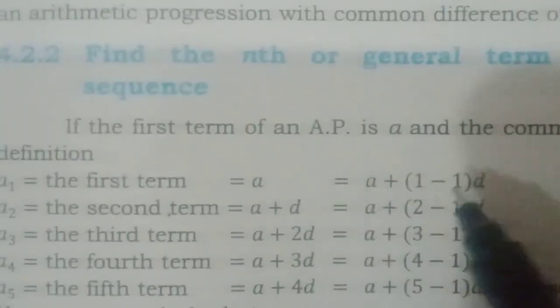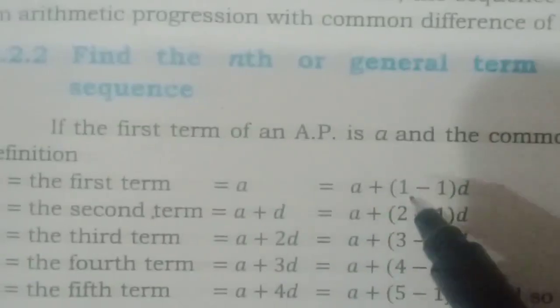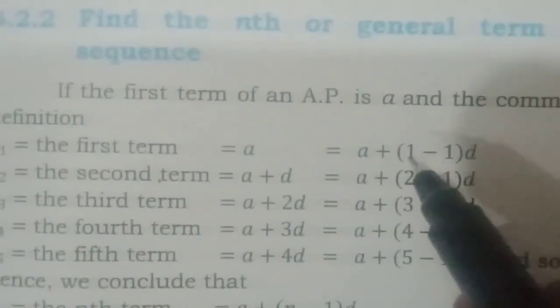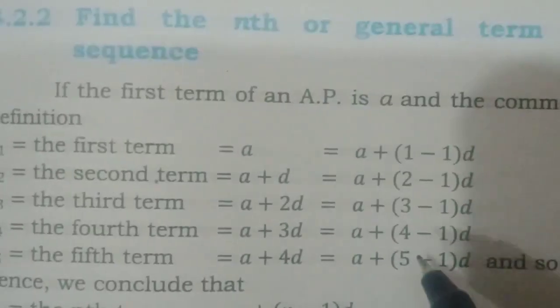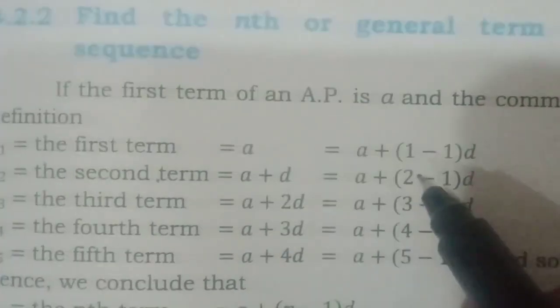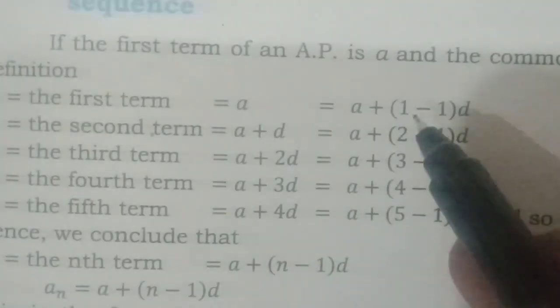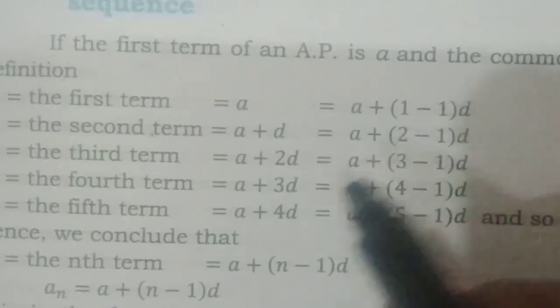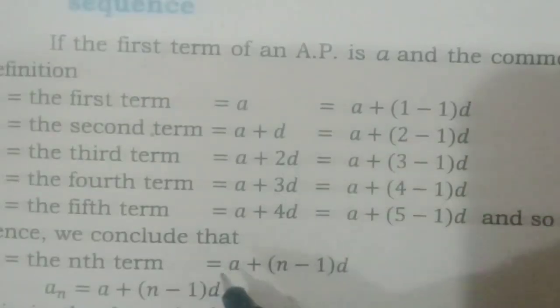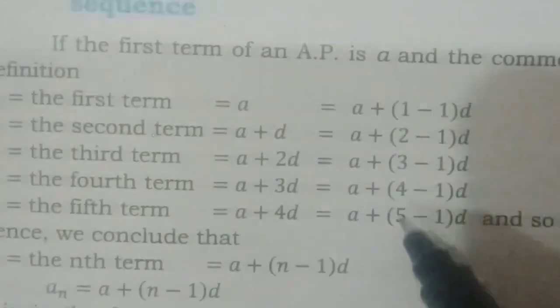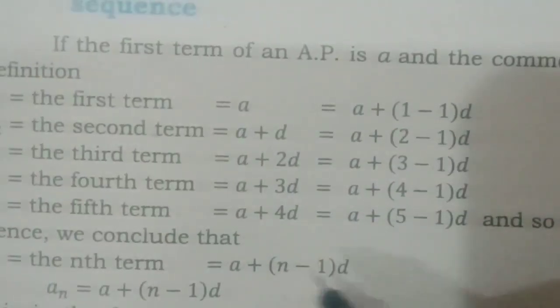So you can see that we are subtracting a fixed number, 1, from the term number, whose values appear as 1, 2, 3 and so on up to n. So we write in general form that a is the fixed number and you add the difference, but multiplied by one less than the term number. For the nth term, we replace the number by n minus 1.